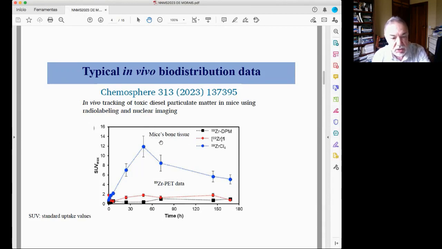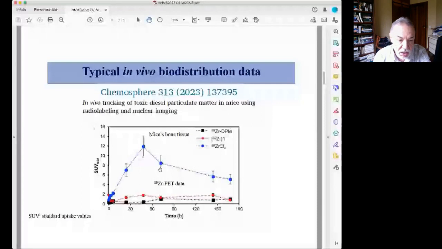In particular, they use PET scan data to check the zirconium-89 isotope, which is a PET isotope. And they found, as you can see in this plot, that most of the particles go to the bone tissue. And the blue data you can see here is typical.